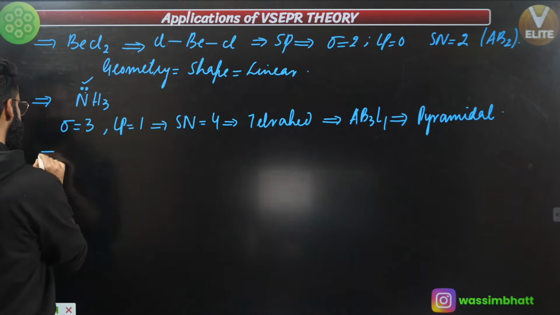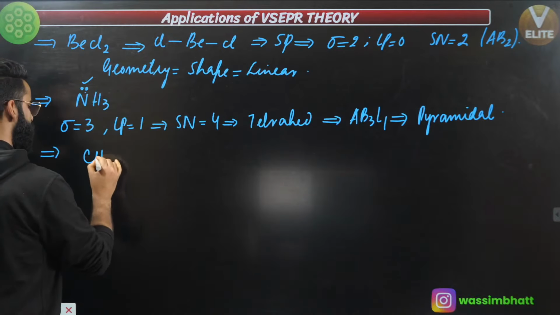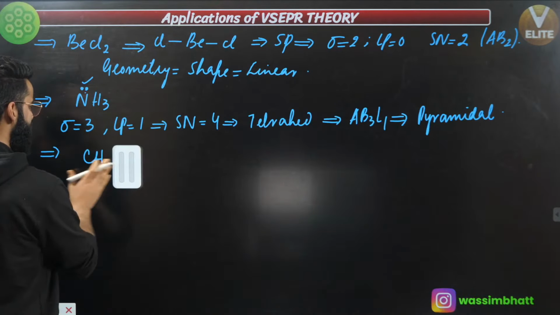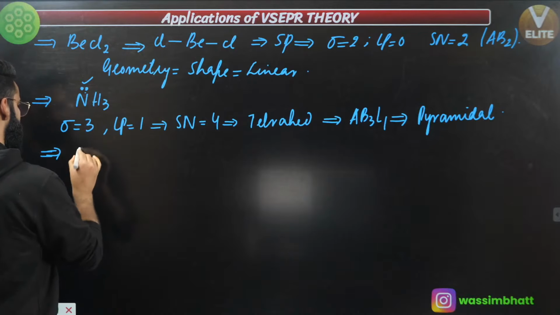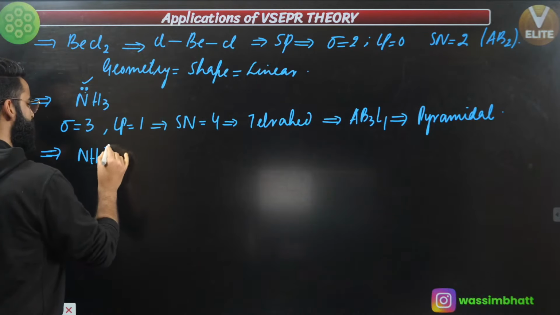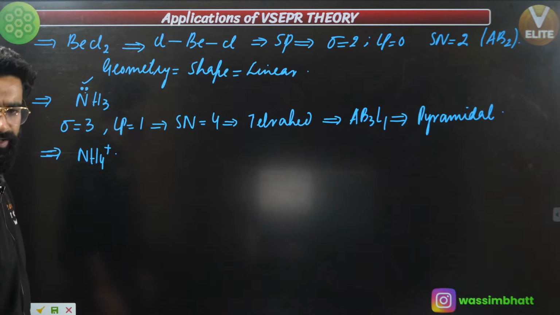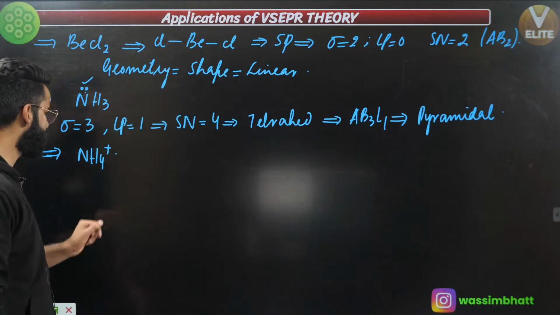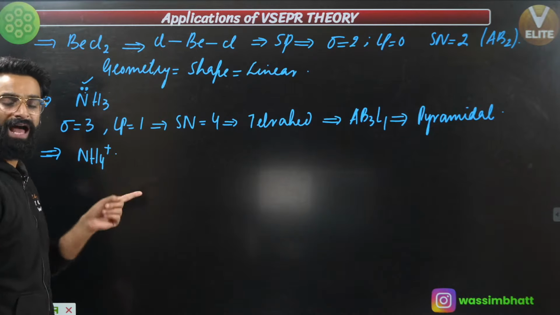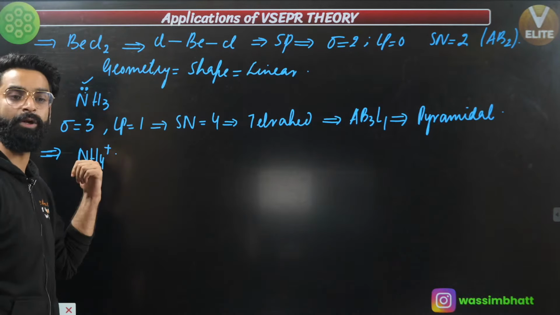All right, let me give you a few more. Let's say I've got NH4 positive. I'm giving you simple molecules. Give me everything about this molecule. You can do that, right? First of all, is there any lone pair on nitrogen? In the last session I told you how to calculate lone pairs and bond pairs.